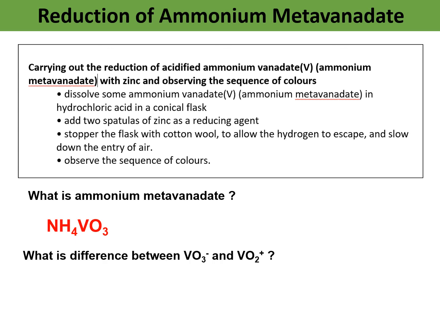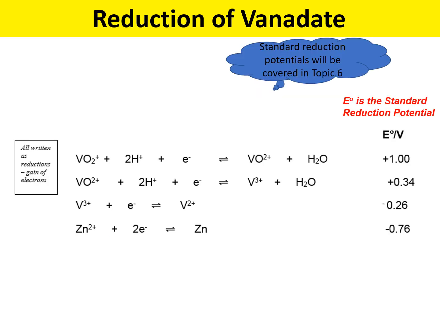If we look at both of these ions, you can see that they are both in the +5 oxidation state. On the slide, you're given the practical details for how you would carry out this reaction. We're going to explain our observations for that reaction in terms of standard reduction potentials. This will be covered in more detail in the next topic.